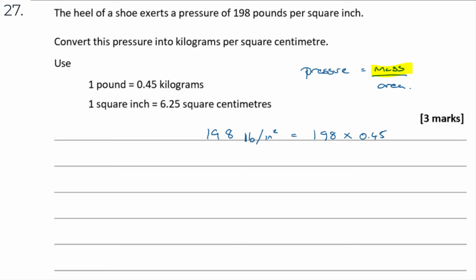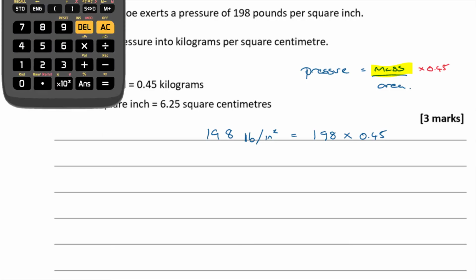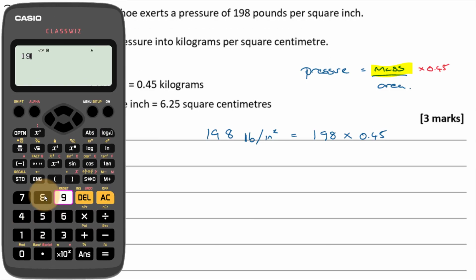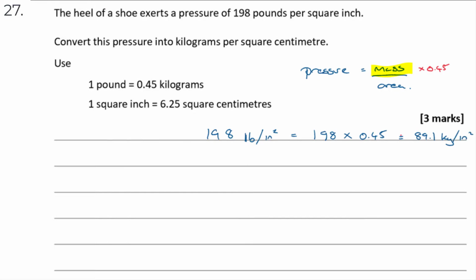So we're going to multiply the top part here by 0.45 to convert pounds into kilograms. So 198 times 0.45 comes to 89.1. That's going to be kilograms per square inch.